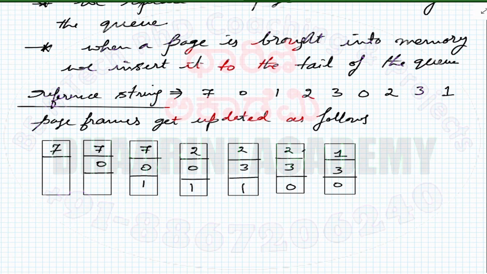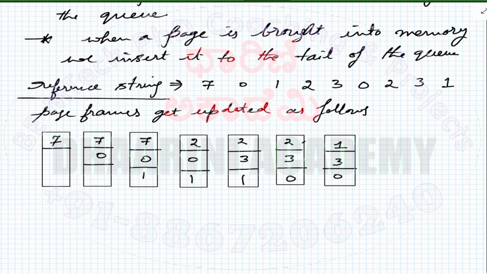If something which is already present in the queue comes up, you don't have to replace. So just remember this, using this technique we are updating the pages, and this is called the FIFO technique. Okay, all right, that's the first technique, straightforward.